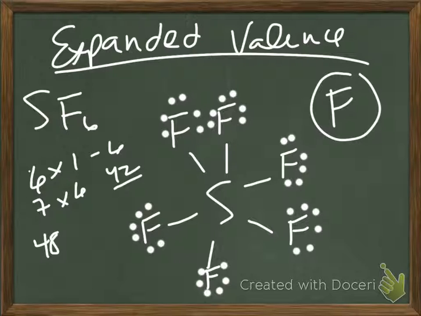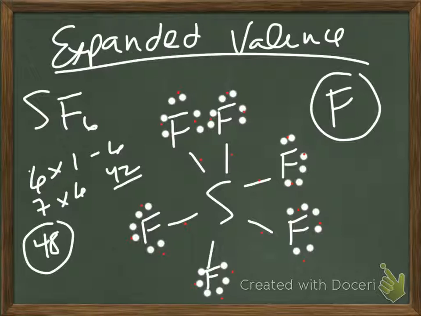So we have to have 48 electrons represented. 2, 4, 6, 8, 10, 12, 14, 16, 18, 20, 22, 24, 26, 28, 30, 32, 34, 36, 38, 40, 42, 44, 46. Did I do my math right? 7 times 6 is 42.